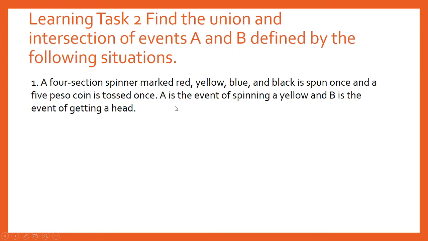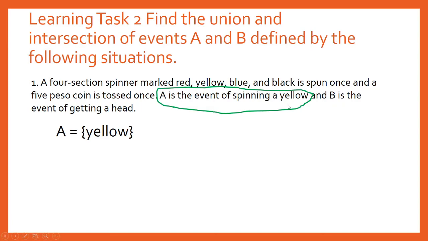So, let's get the events of A. So, heto siya. So, ang sabi, A is the event of spinning yellow. So, that means yun lang ang element ng A. And B is the event of getting a head.